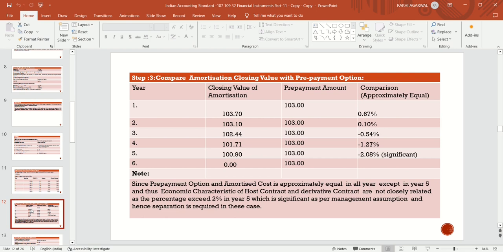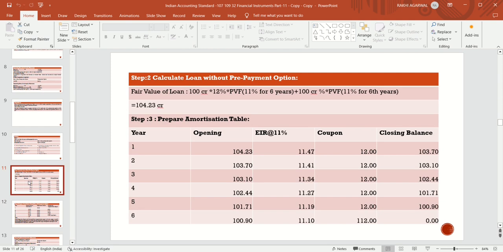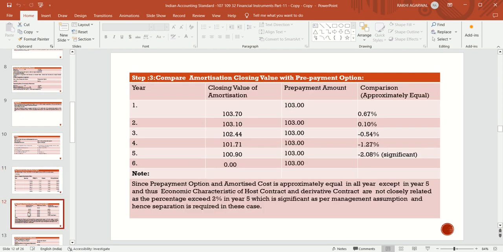Now in step 4 we will compare the amortized closing value with the prepayment option. The closing balance of amortization, as we calculated in step 3, we will compare with the prepayment option.